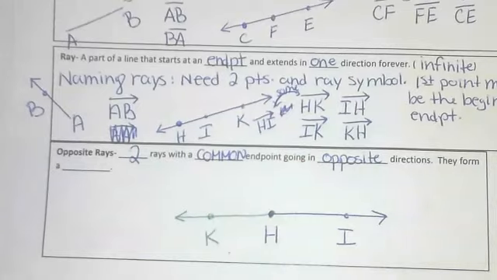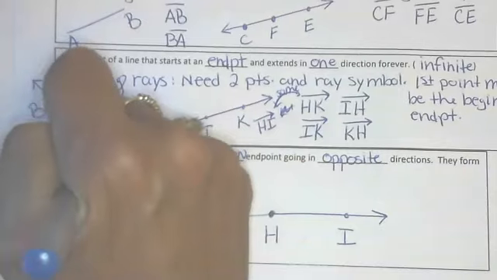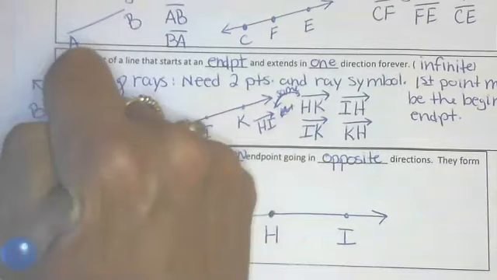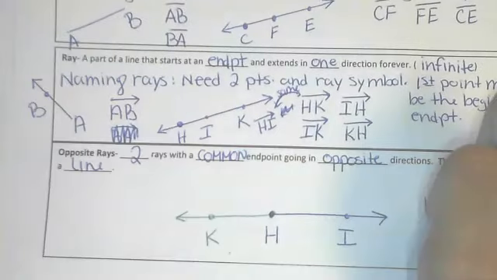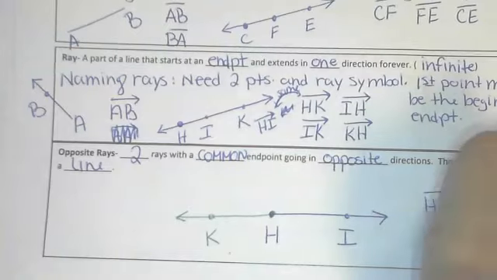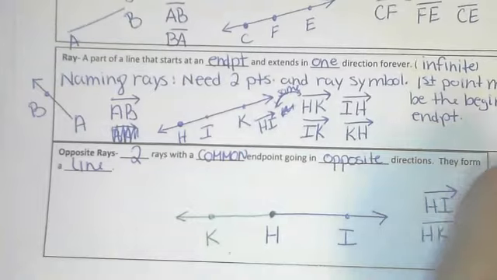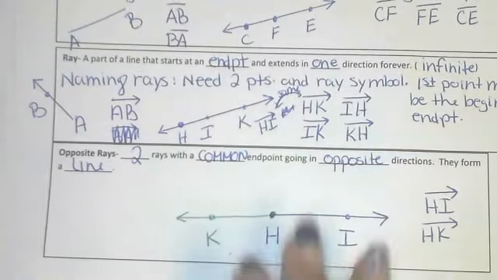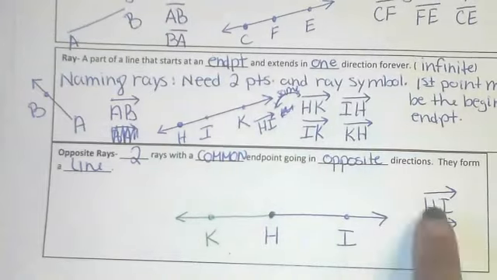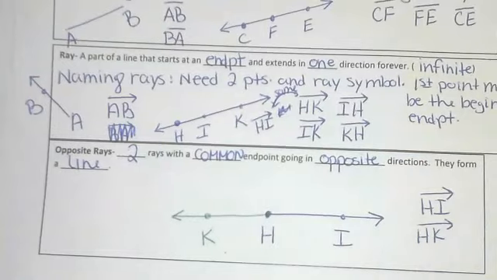And together, they form a line. The two opposite rays here would be ray HI and HK. Are there more rays in this picture? Yes, but the opposite pair of rays are right here, HI and HK. Same beginning point, going in opposite directions.